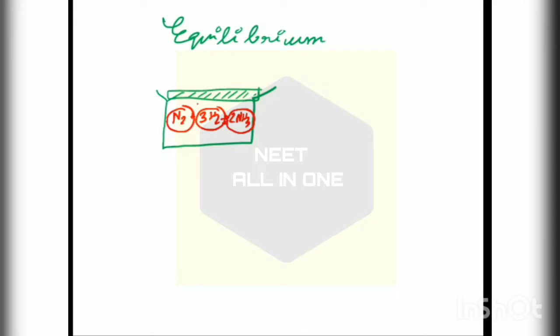So that is the criteria for equilibrium. Okay. Now, this equilibrium has a property. First one is, this equilibrium can only be achieved in closed containers.